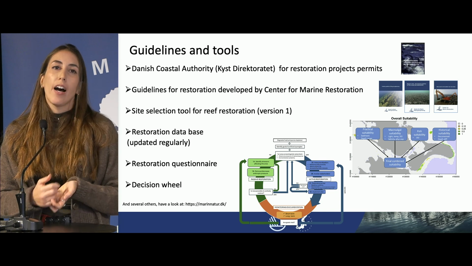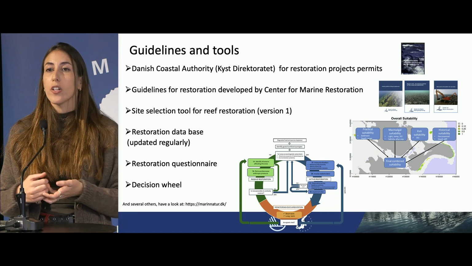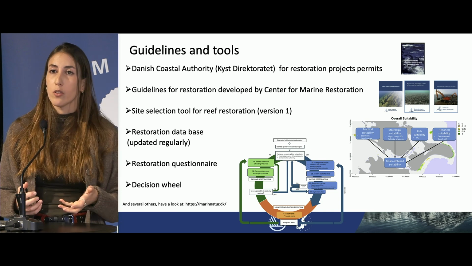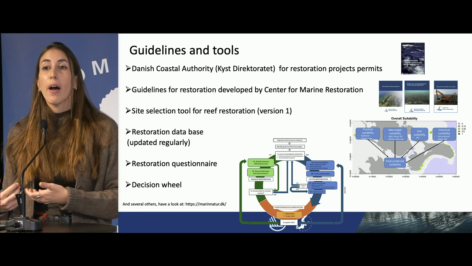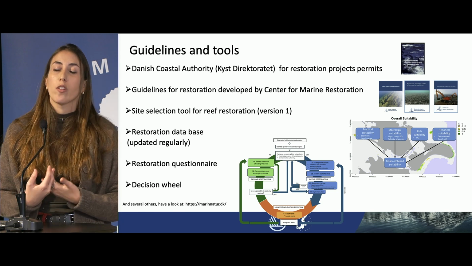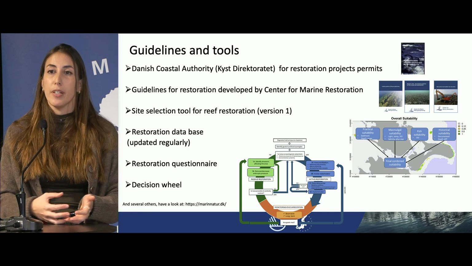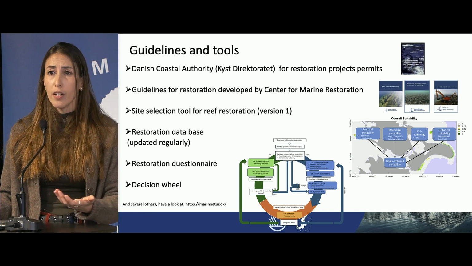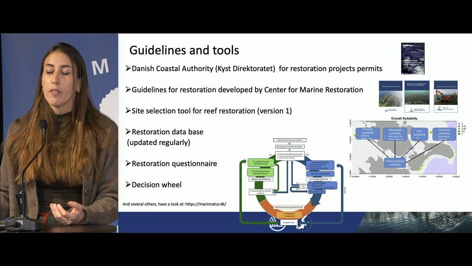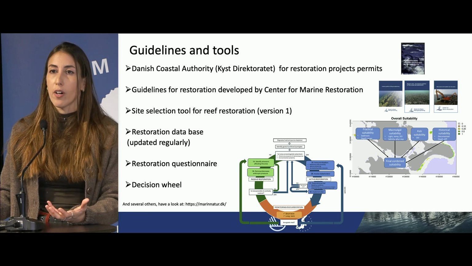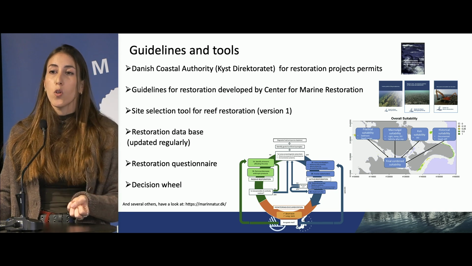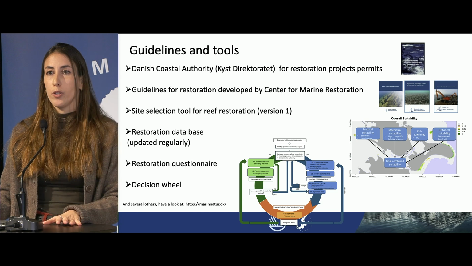So maybe we have a site that is not suitable for active restoration, but can we implement passive restoration, remove some stressors and anthropic pressure, and then maybe the same site can become suitable for active restoration, deciding which kind of active restoration, and then always implementing short-term and long-term monitoring.